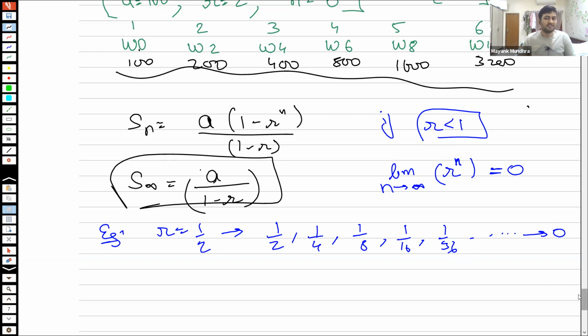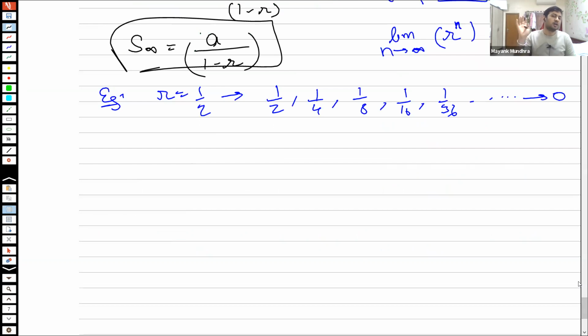So when you have an infinite summation, the numbers add to a finite thing. So suppose I am adding all these numbers up. Suppose I am taking A equals 1 and R equals half. So my numbers become 1 plus 1 by 2 plus 1 by 4 plus 1 by 8 plus 1 by 16 and so on till infinity.